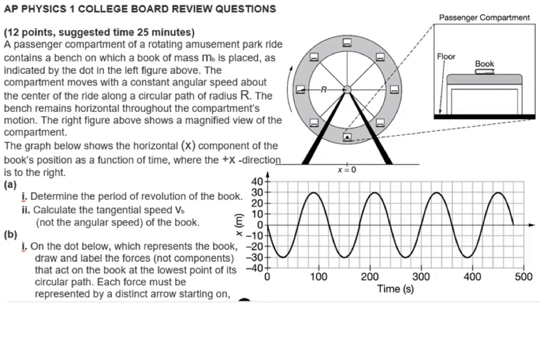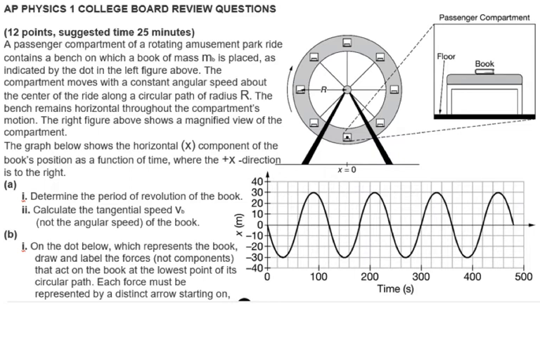The passenger compartment of a rotating amusement park ride contains a bench on which a book of mass MB is placed, as indicated by the dot on the left figure above. So on our side, it's the right side. The compartment moves with a constant angular speed about the center of the ride along a circular path of radius r.